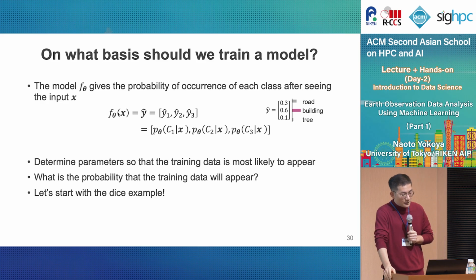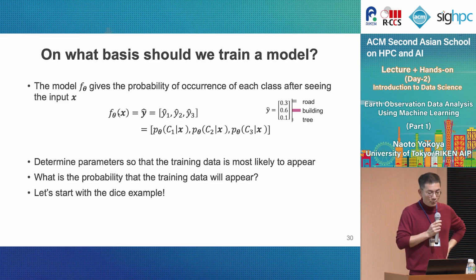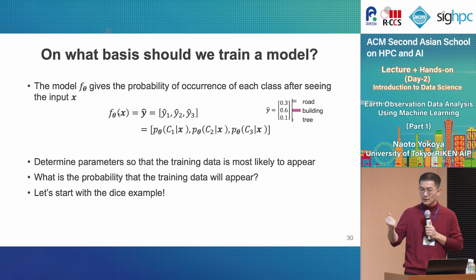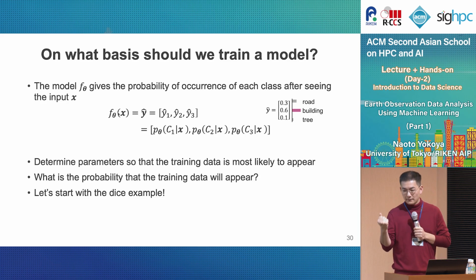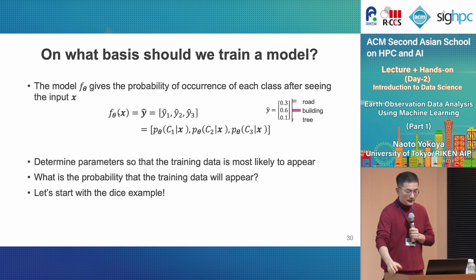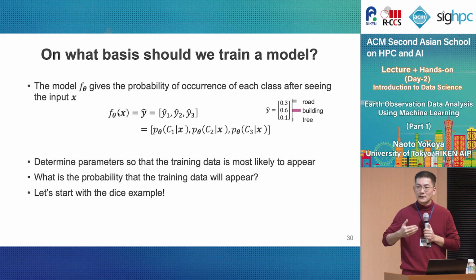Okay? So we can regard that the model f theta gives the probability of occurrence of each class after seeing the input. So it's a kind of conditional probability. X is given, so maybe we get an image. And then we can regard that the output is the probability of occurrence of class building or class road or tree after seeing the image. Okay?